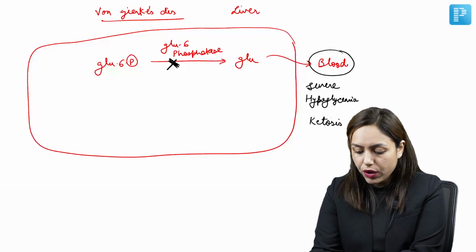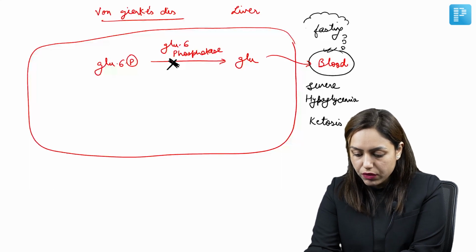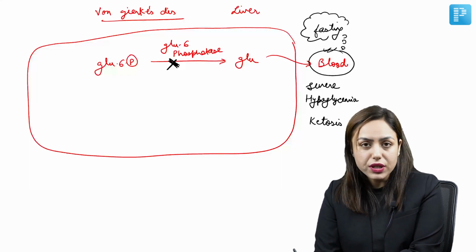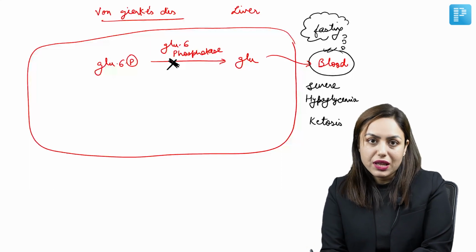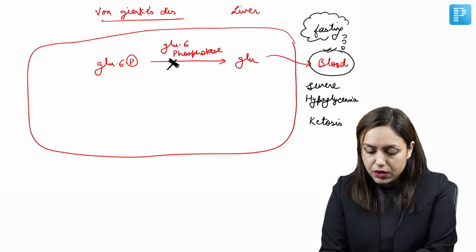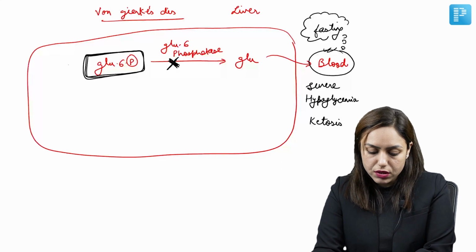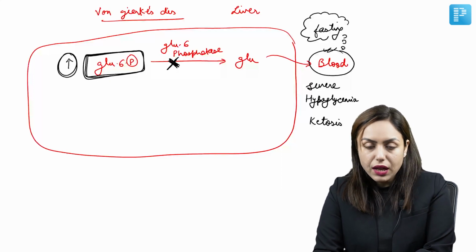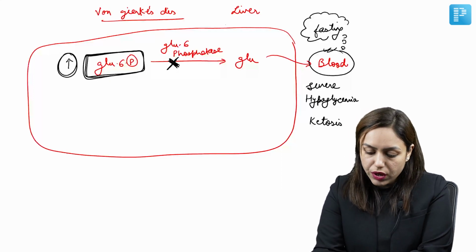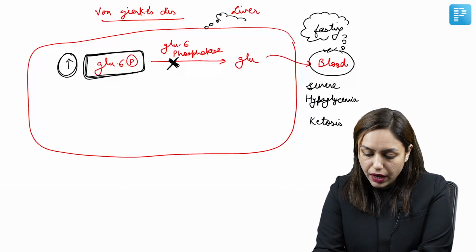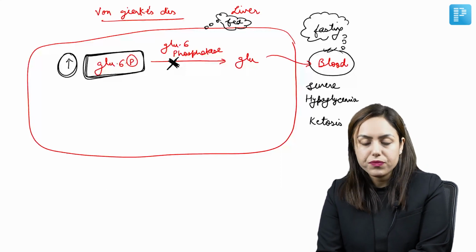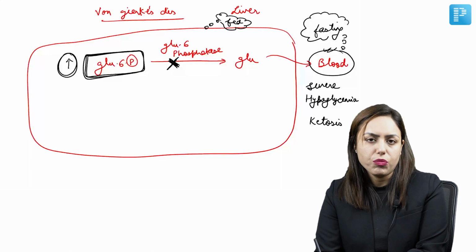The body is not getting glucose, so body cells will think that we are in fasting. But in the liver cell, what is happening? This reaction is not occurring, so the substrate glucose 6-phosphate is getting accumulated. So the liver cell has lots of glucose, and the liver cell will think that I am in the fed state. So it's a confusion in the body.